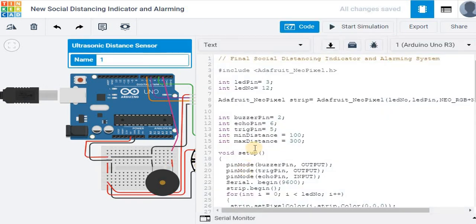Now let us understand the coding part. We simply use the text programming method instead of the block code programming of Tinkercad. The entire program is written as per the logic and connections of the ultrasonic sensor, NeoPixel 12 ring RGB LED and buzzer to Arduino Uno. You can get the code from the link given in the description.